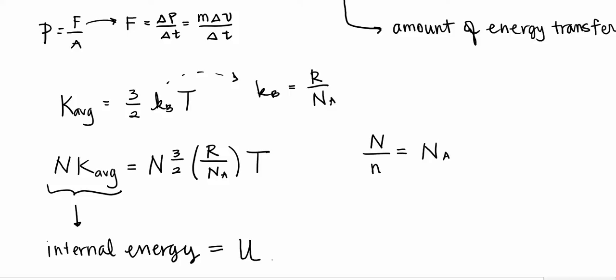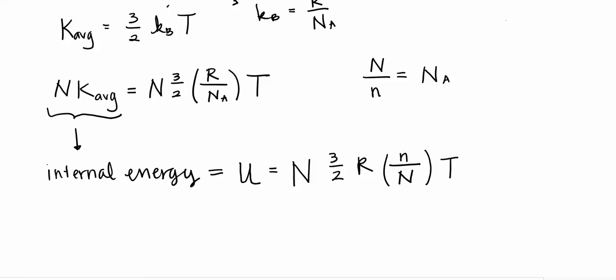So the internal energy would be the number of particles times 3/2 times R, and then times n, the number of moles, divided by the number of particles, times T, because 1 over Avogadro's number is the number of moles per particle.